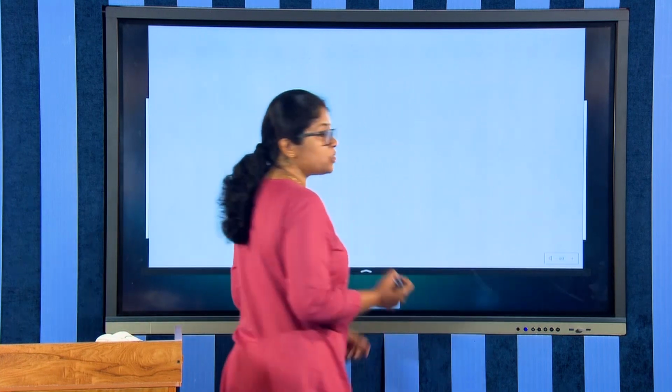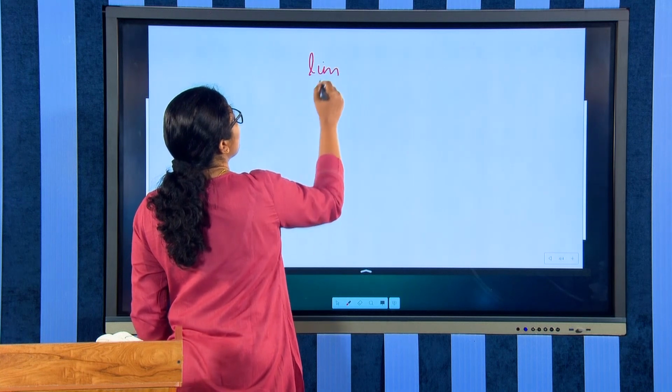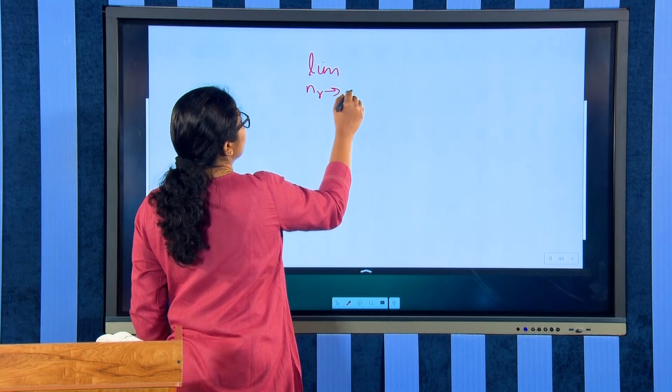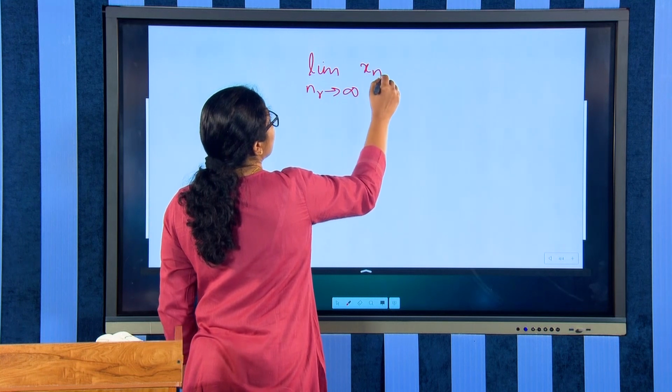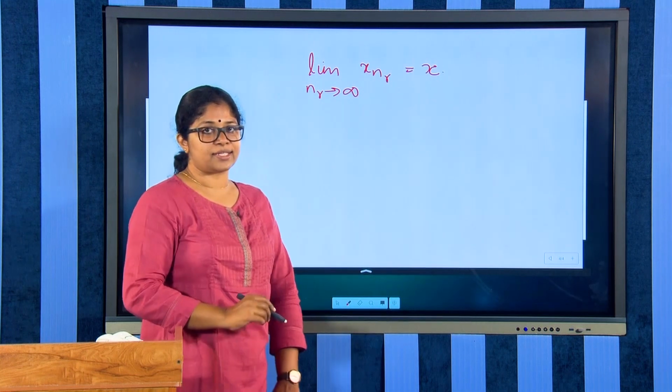Because it is a convergent subsequence, we can say the limit as r tends to infinity of xnr is equal to some number, say x.